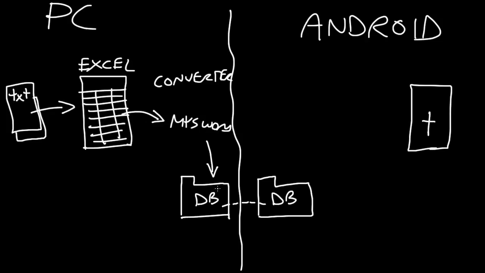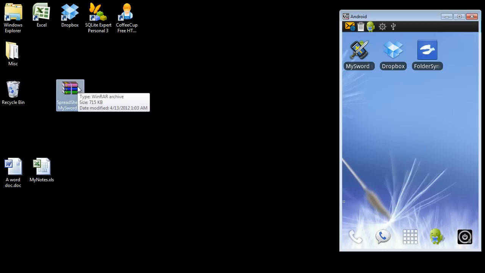We throw it into the Dropbox folder on your PC. Over here on your Android, you click the folder sync button, which I'll show you how to do, and that's basically going to sync up these two folders. And then essentially after that happens, you can just go right over here to MySword, and you'll see your notes in there. So that's what we're going to try to do.